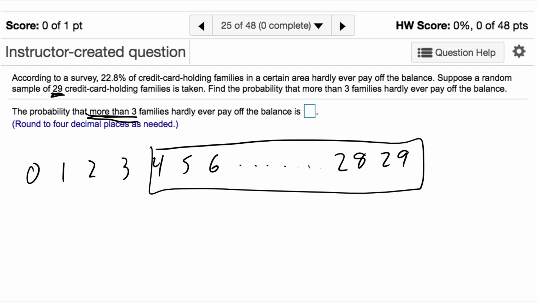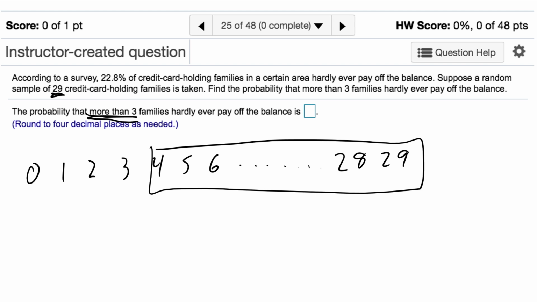Because in the normal distribution, the next thing larger than 3 is 3.0000, infinite number of zeros, and then a 1. And that is infinitely close to 3. But with the binomial distribution, if we say more than 3, the next thing bigger than 3 is 4. So we're looking for between 4 and 29 successes.